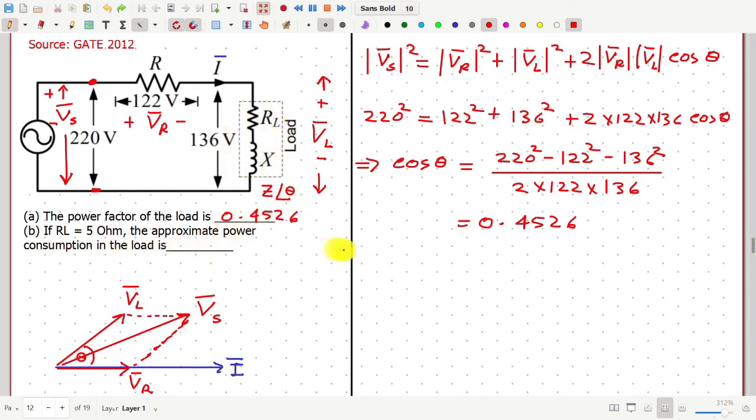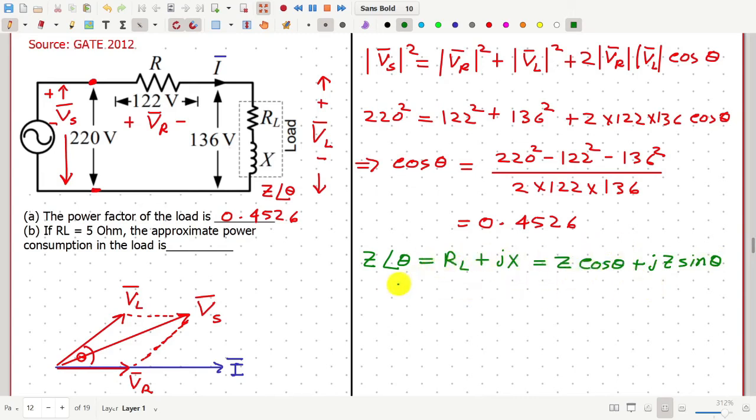So the load impedance we have assumed to be equal to Z angle theta, which can also be written as RL plus JX, and this is also equal to Z cosine theta plus JZ sine theta.